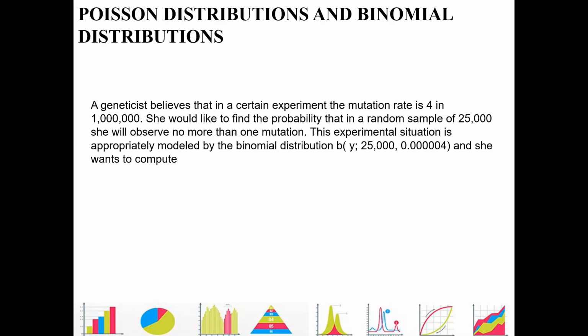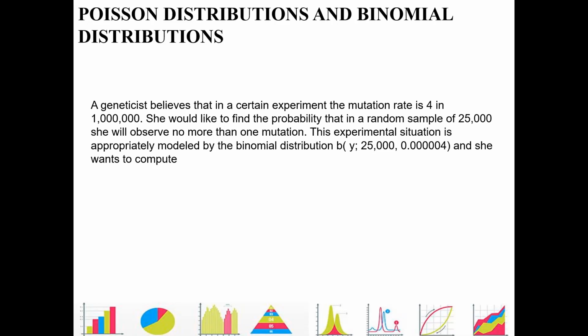And from that probability, we can conclude that the geneticist can conclude that there is no more than one mutation kasi 99.53% ang kanyang probability na walang magkakaroon ng mutation ng more than one.